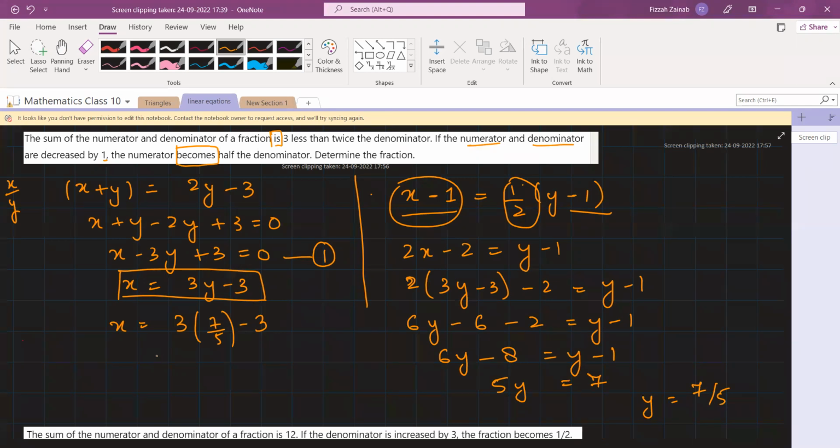7 by 5. So that gives me 21 by 5 and minus of 3. So this is 21 minus 15. How much you get? 6 by 5, right? Yeah, okay. 21 minus 5 into 3, 15 divided by 5. So this is 6 by 5, right? So the fraction is x upon y.